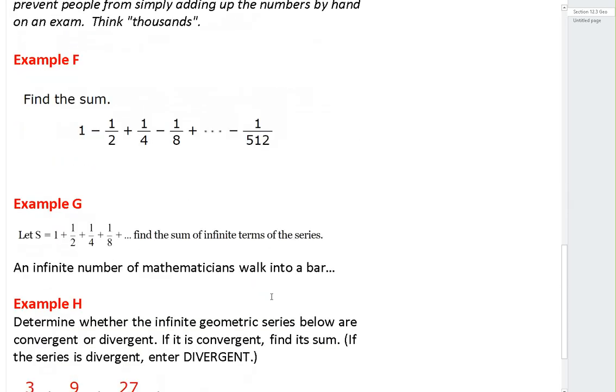This one, example F. So I've got 1 minus 1/2 plus 1/4 minus 1/8 plus all the way down to negative 1 over 512. Okay, not so bad. Except there's going to be one annoying thing about this compared to the one we just did. I'll let you see if you can figure it out.